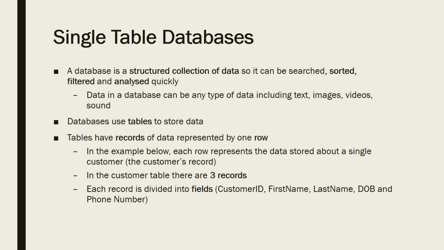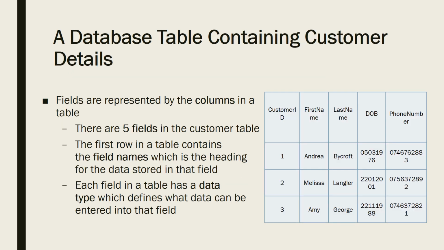A database is basically a structured collection of data, so it can be searched, sorted, filtered, and analyzed quickly. Data in a database can be any type of data, including text, images, videos, sounds. Databases use tables to store data. Tables have records of data represented by one row. In the example below, as you can see in this table, there are 5 fields in the customer table.